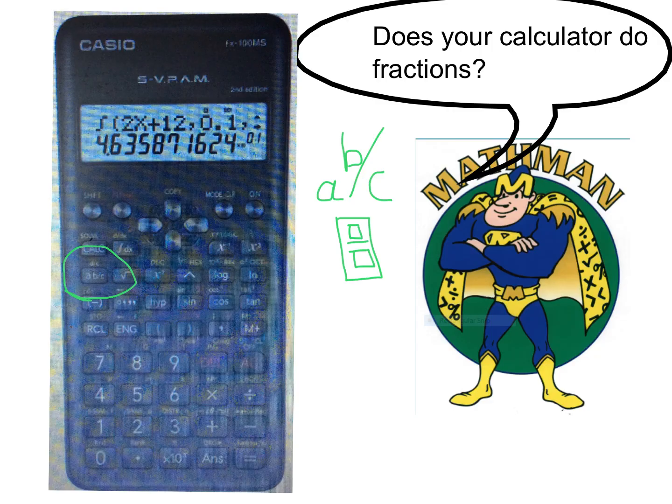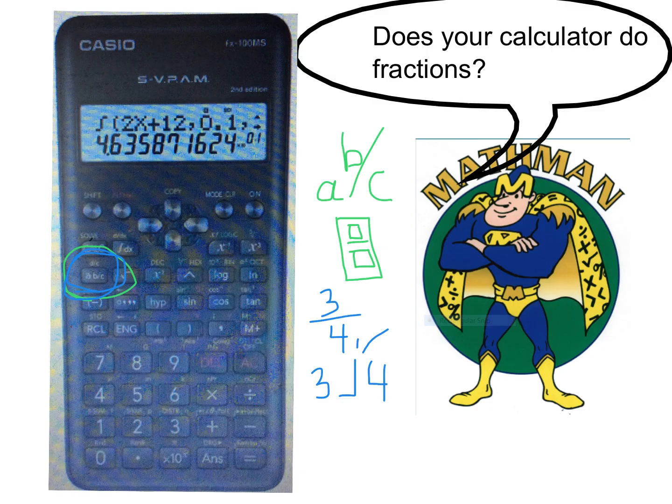Whenever you need to do operations with fractions, you are going to put a fraction into your calculator like this. Let's say the fraction is 3 over 4. We're going to go 3, and then we're going to hit the ABC button, and then we're going to type in 4. And what is going to appear on the screen is this.